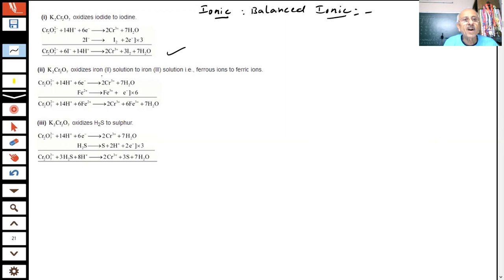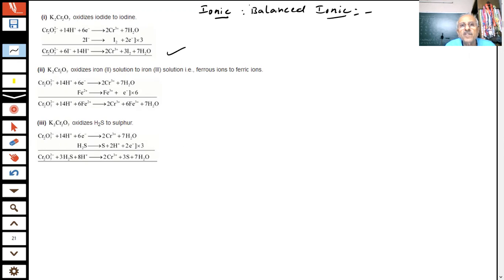How it oxidizes iron 2+ to iron 3+, students. These are the reactions again: half reactions, balance and cancel the electrons. How potassium dichromate oxidizes H2S to sulfur. Important reactions. Three equations we have given here to show that.